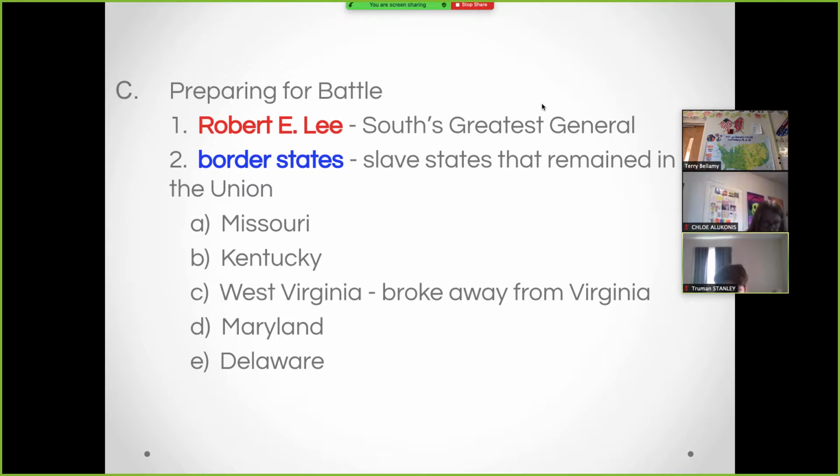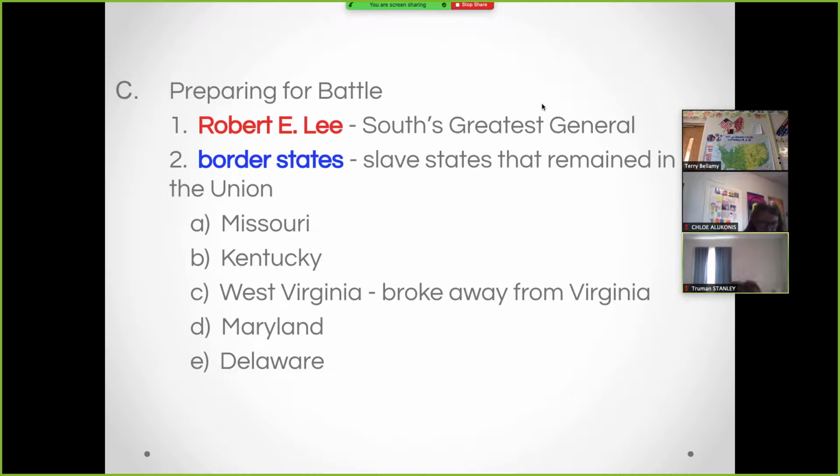So he'll ultimately take control of the Confederates' biggest army, the Army of Northern Virginia. Here's the thing about Lee that a lot of people don't understand. Again, we make that assumption that if you're going to support the Confederacy, you must love slavery. Robert E. Lee hated the idea of slavery.